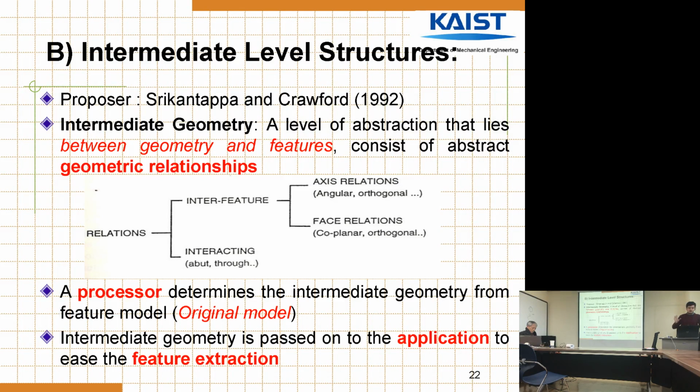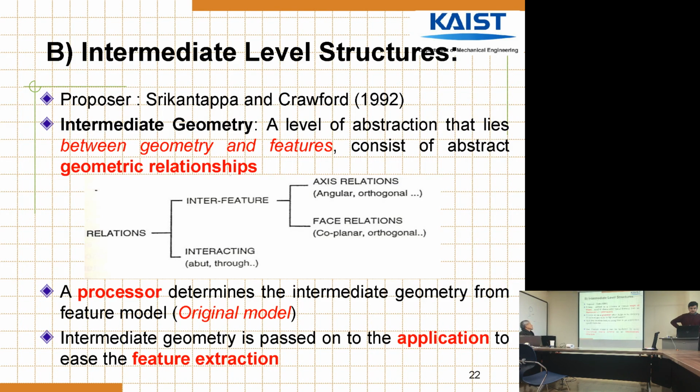So it is definitely less in magnitude. A processor determines the intermediate geometry from the feature model, which is the input, and the intermediate geometry is passed on to the application to ease the feature extraction. So features are then extracted from the intermediate geometry.